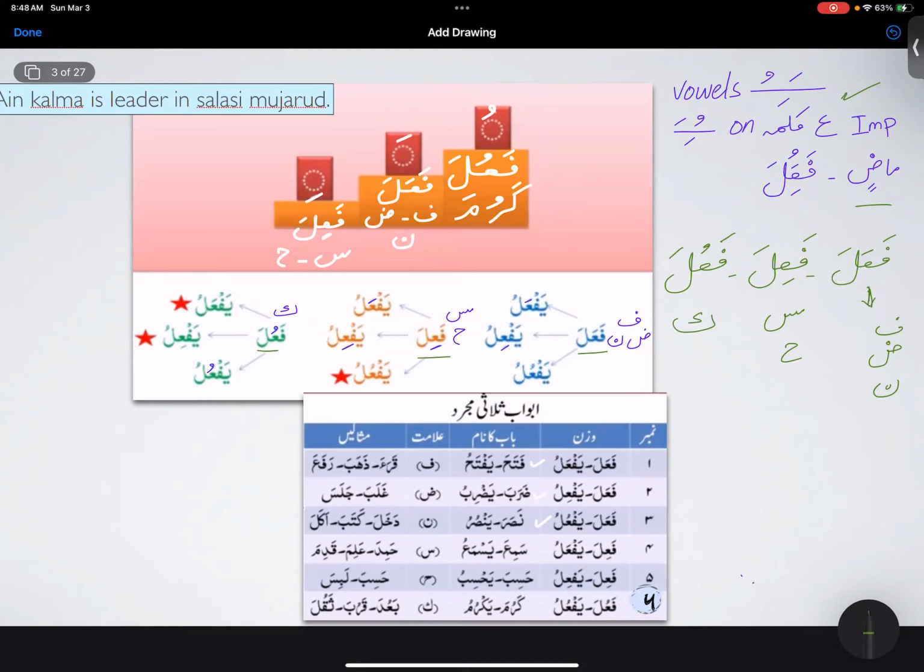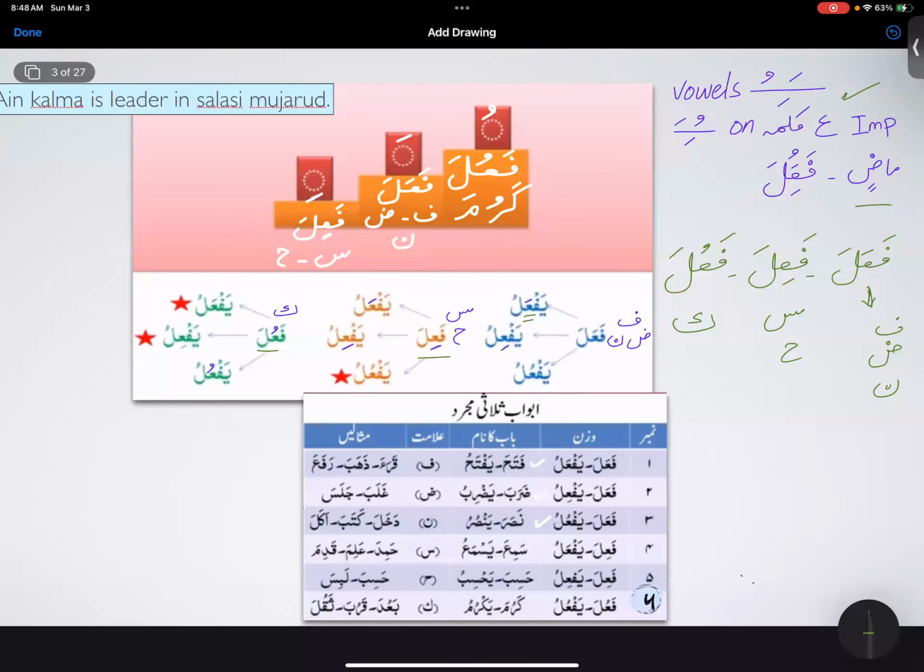So now when we are turning into mudariya, fa'ala and then yaf'alu, same fatha, right? We are focusing only on the ain kalima, remember. So fa'ala, yaf'alu, then fa'ala, yaf'ilu, and fa'ala, yaf'ulu.